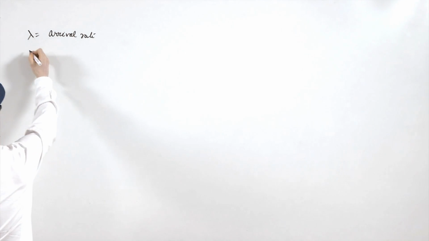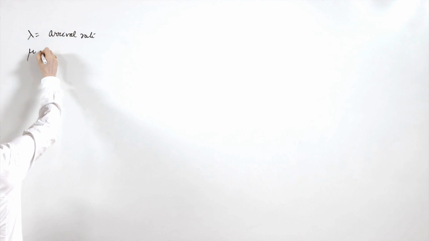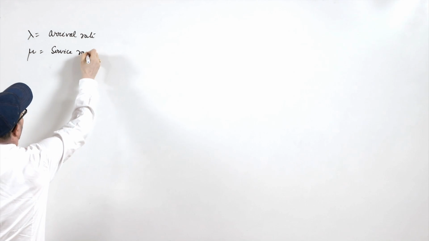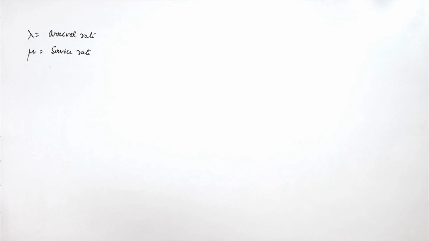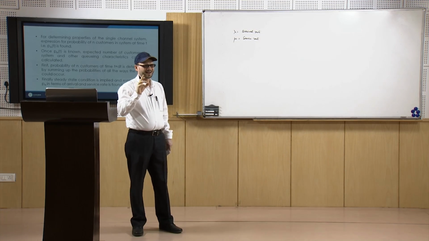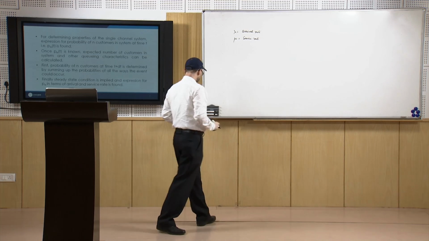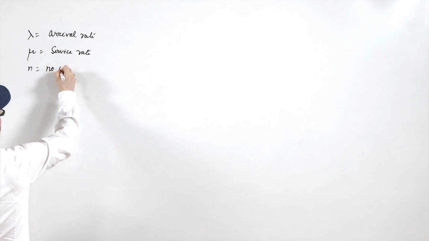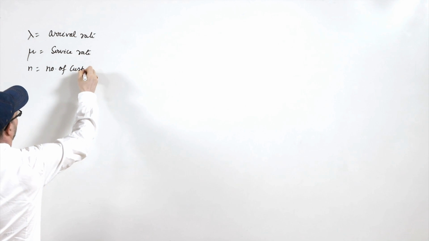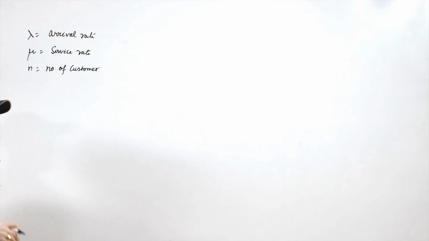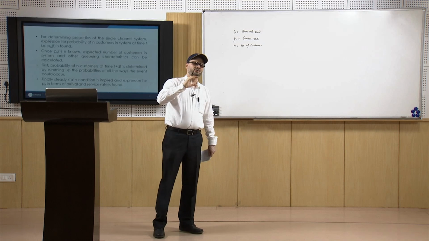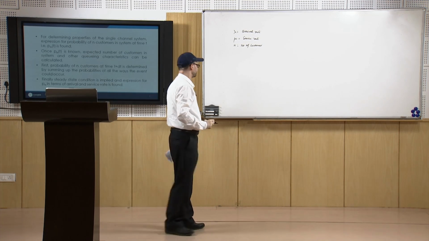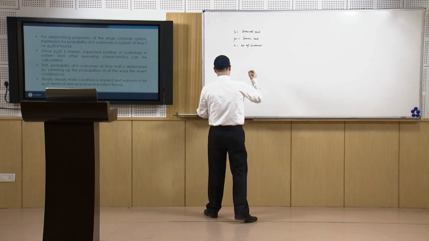Similarly, you have another term mu, the service rate. These lambda and mu are the two parameters. Then n will be the number of customers in the system at time t, so we are assuming that at time t you have n customers in the system.